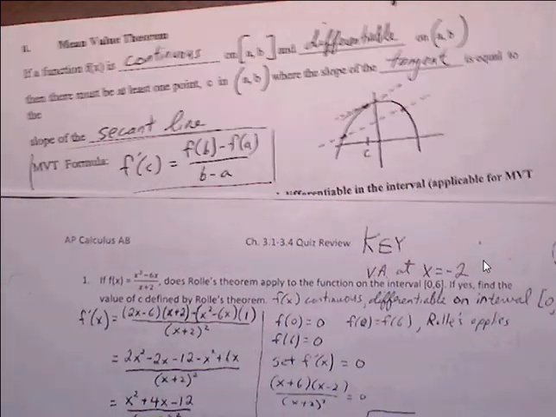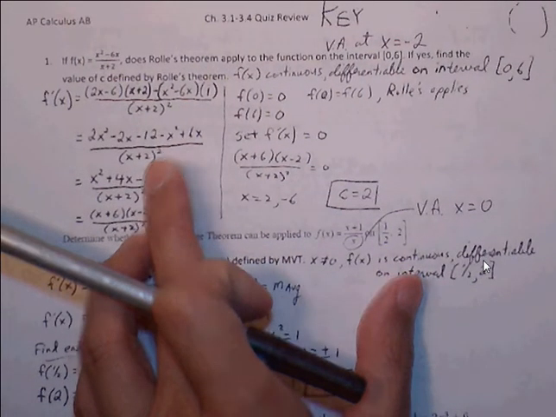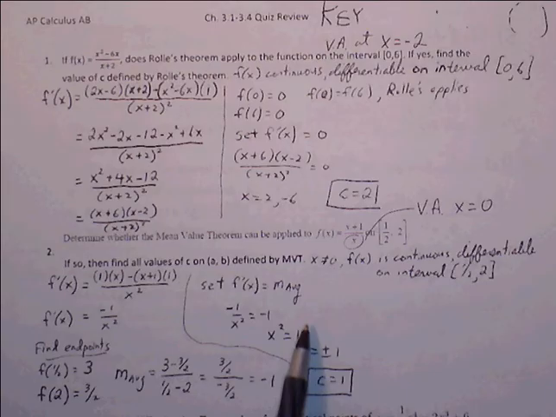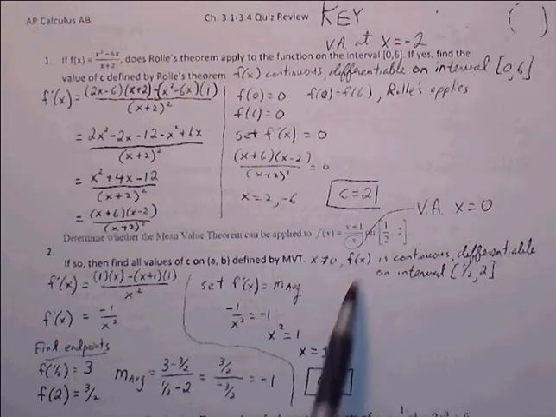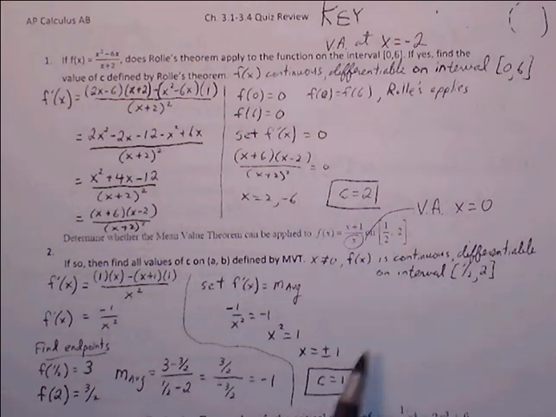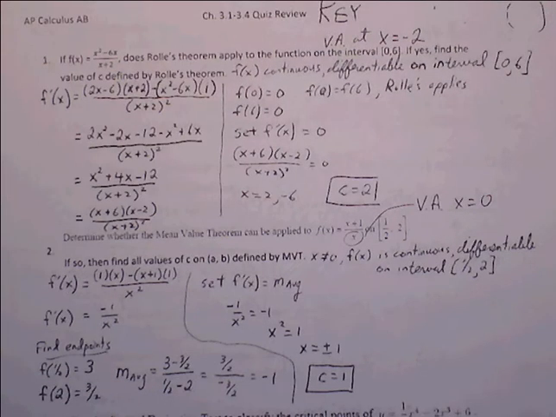So any endpoints or any points outside the interval have to be taken out, and those are extraneous. So let's see here. 1 is inside the interval, so that c value we can keep, but negative 1 is outside the interval from 1/2 to 2, so we eliminate negative 1. We only have one c value, and that c value is 1.